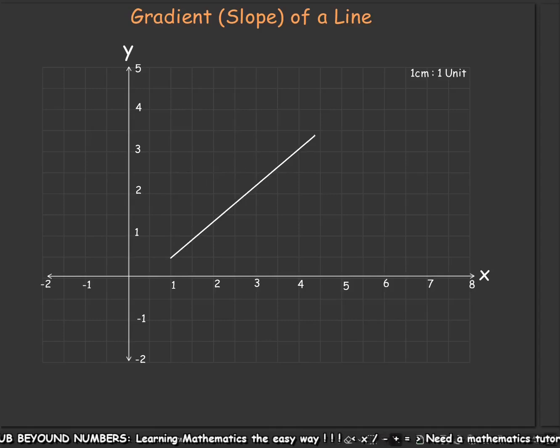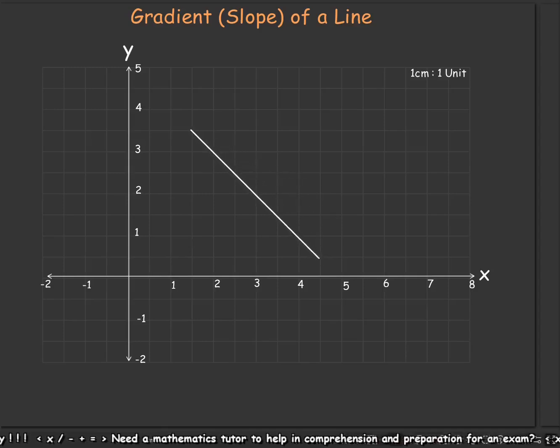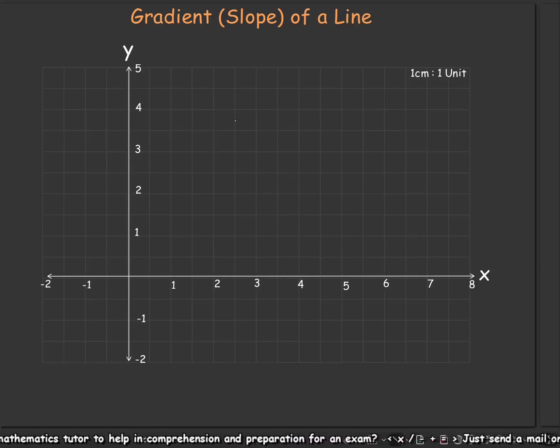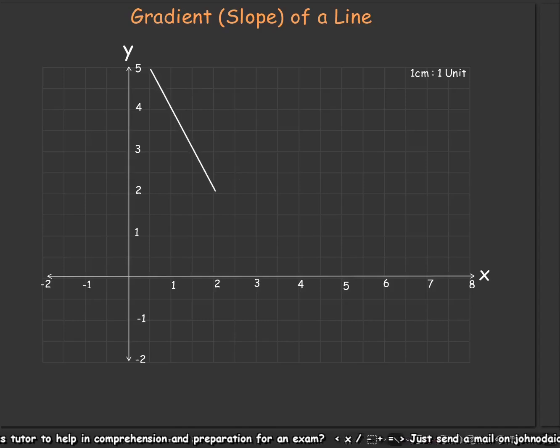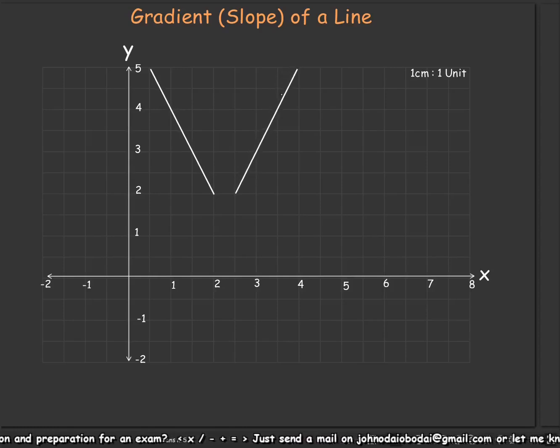You get it? Now, if a line slopes downwards, that is it slopes downwards from left to right, something like this, then it's going to have a negative gradient. So let's take note. A line as this has a negative gradient, whilst a line as this has a positive gradient.